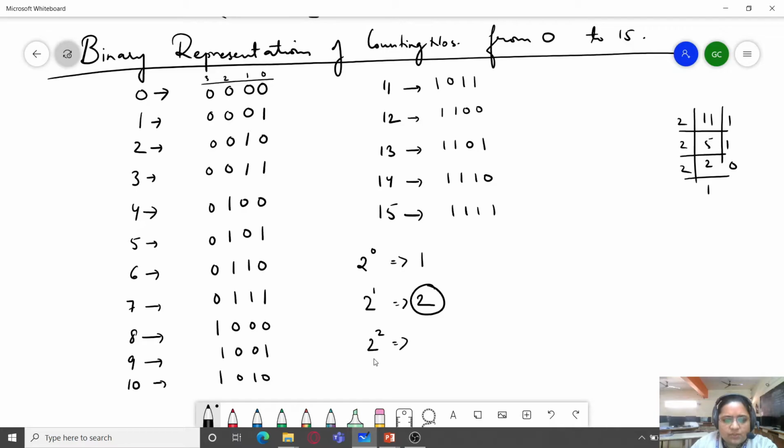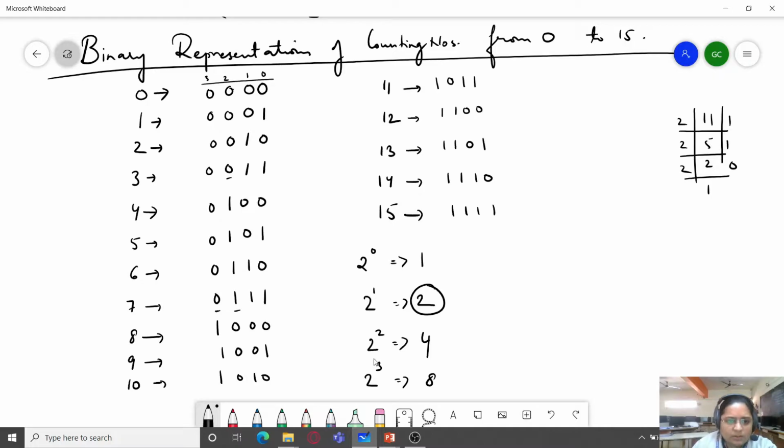Next, 2 raised to the power 2, that is 4. So here after every 4 bits, the bits are reversed. And last of all, 2 raised to the power 3, that is 8. After every 8 bits, the bits are reversed.